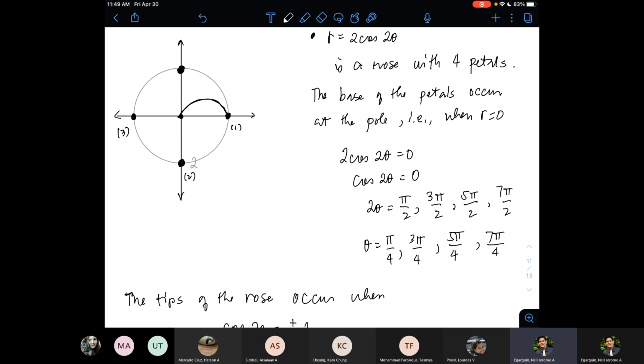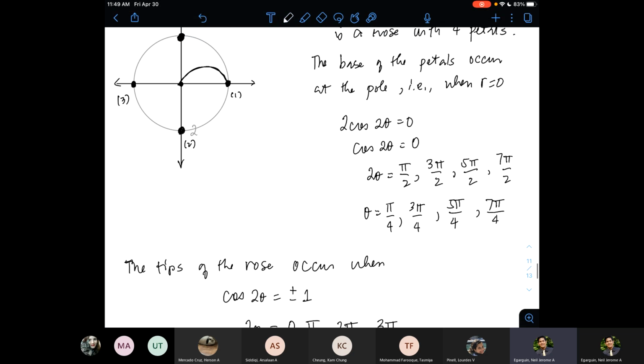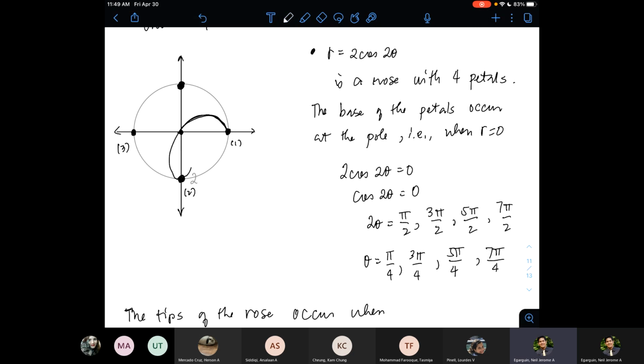Okay. And then from pi over 4 to 3 pi over 4, so we'll be here, and then here, and then here. Okay. And we'll close at the pole there, right? So that would be, let me try this again. Okay, there you go.